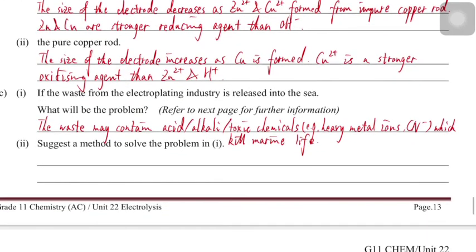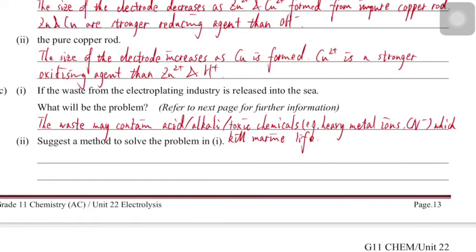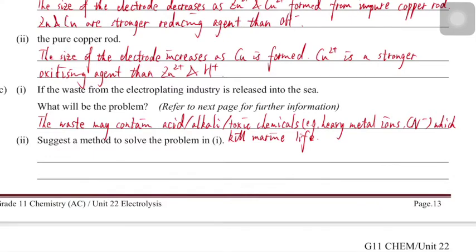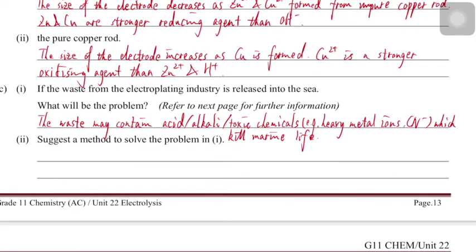Okay, what can we do to prevent those excess acid, alkaline, or toxic chemicals from being directly released into the sea? Okay, so in order to remove the acid or alkaline, we can use simple neutralization reaction.